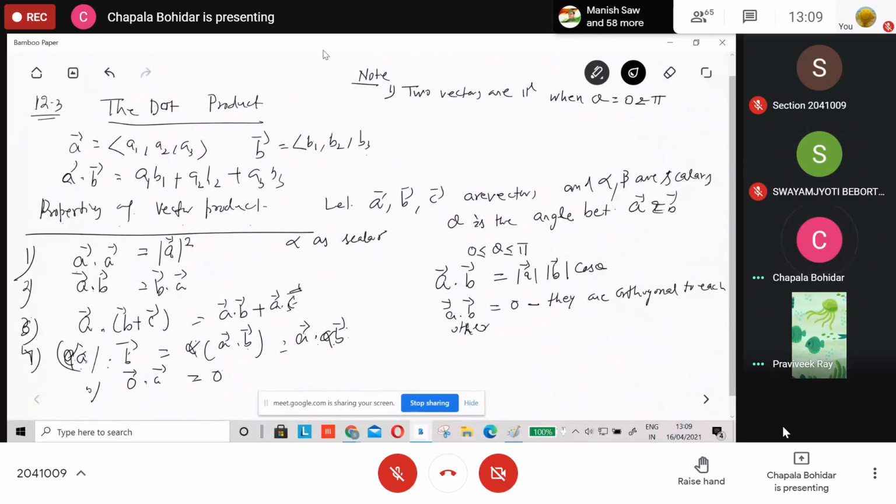Okay. Two vectors are perpendicular. Note here: two vectors are perpendicular when theta is equal to pi by 2.